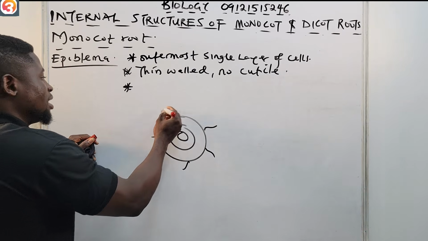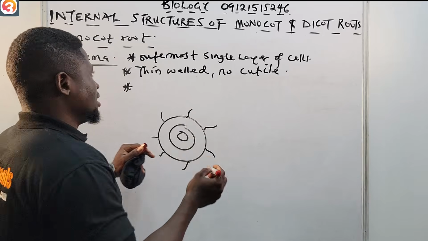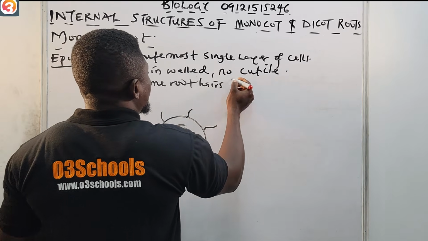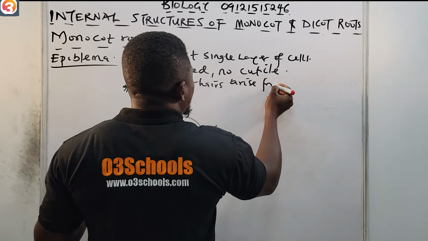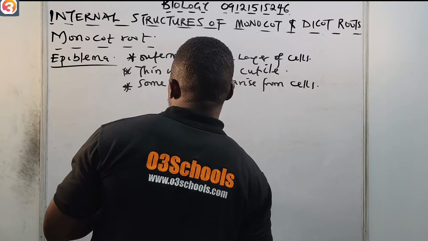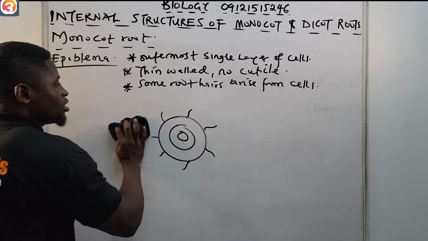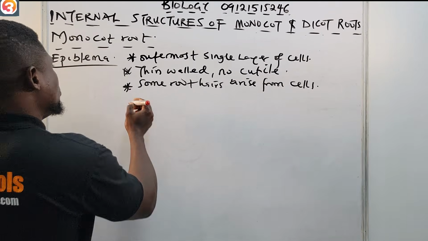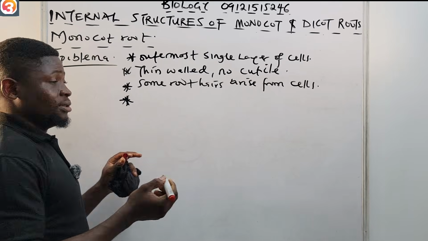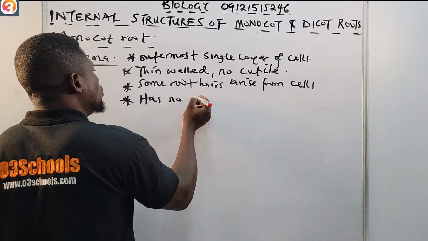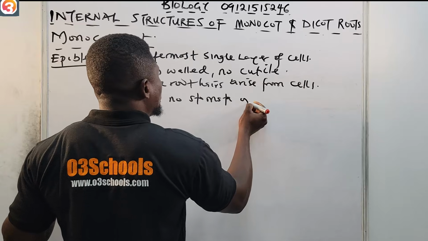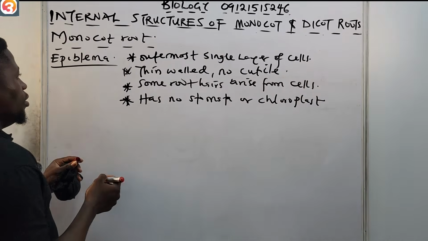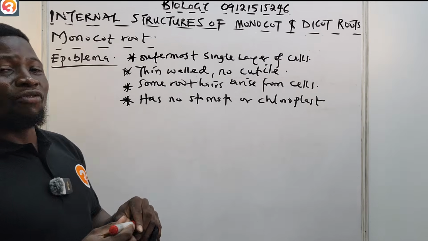Some of these root hairs arise from these cells. And then lastly, it has no stomata. The epidermis of a monocot root has no stomata or chloroplast. So these are all of the characteristics of the epiblema of a monocot root.